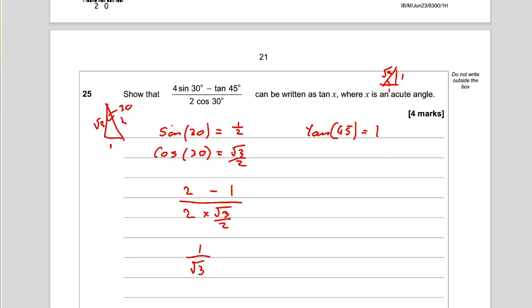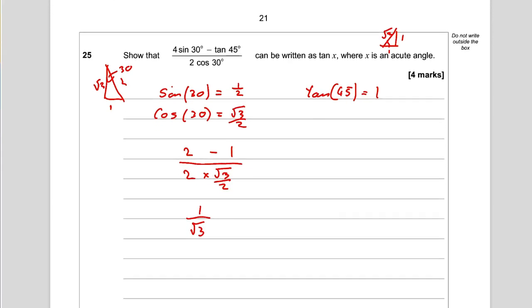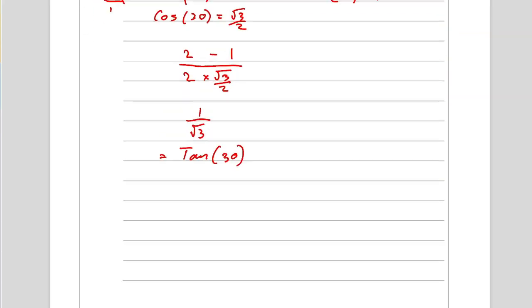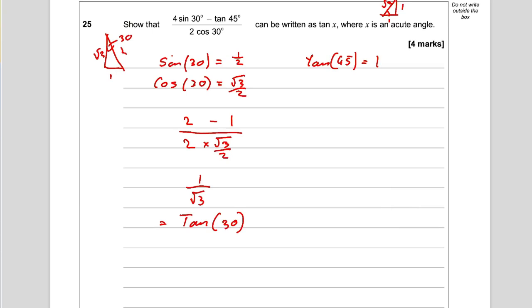And we can do it straight from there. If we look back to this triangle here, the tan of 30 would be opposite over adjacent, so that would be the tan of 30. So where x is an acute angle, x would need to be 30. It can be written as tan x where x is an acute angle. So x equals 30.